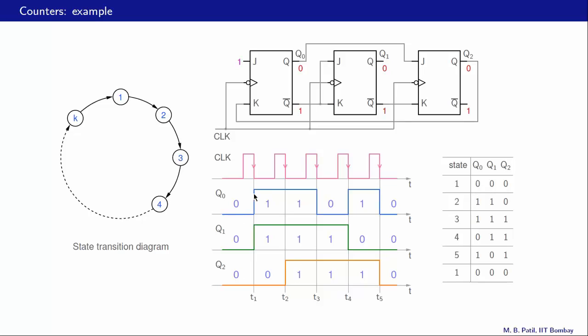Then we have 1, 1, 0, that is our state 2. Then 1, 1, 1, state 3. Then 0, 1, 1, state 4. Then 1, 0, 1, state 5. And then after that, we come back to 0, 0, 0, back to state 1. That means our last state is 1, 0, 1. So k here is 5. So it is a modulo 5 or mod 5 counter.